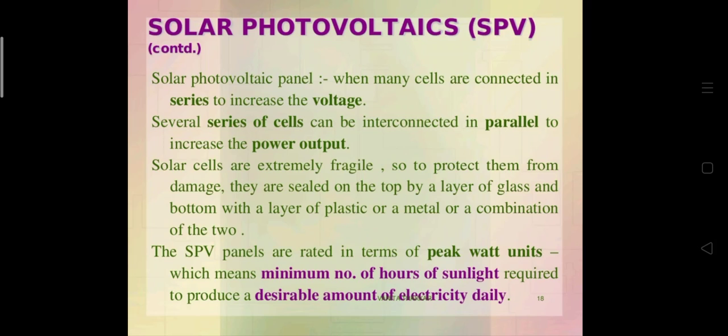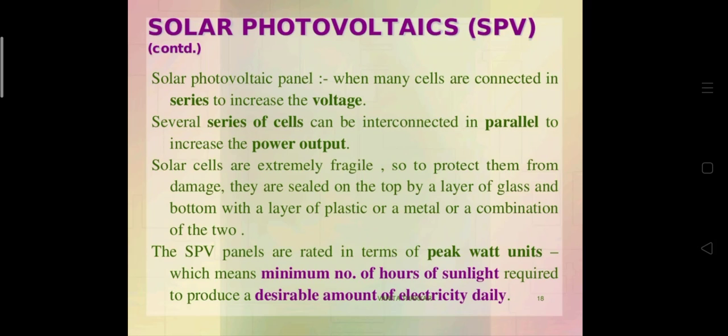Solar cells are extremely fragile. That means they are easily broken; they are not strong or sturdy. So to protect them from damage, they are sealed on top by a layer of glass and at the bottom with a layer of plastic or metal, or a combination of the two.